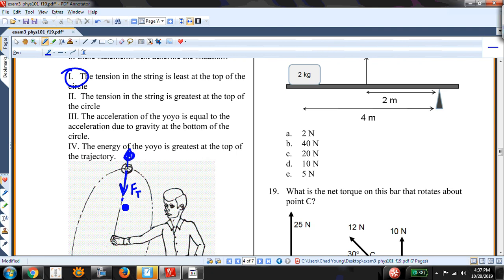Nope, not that. I have the weight acting downward right there, and my acceleration is downward. So I would say the sum of the forces equals negative Ft minus Fw equals negative ma. And so the tension will equal ma minus Fw.